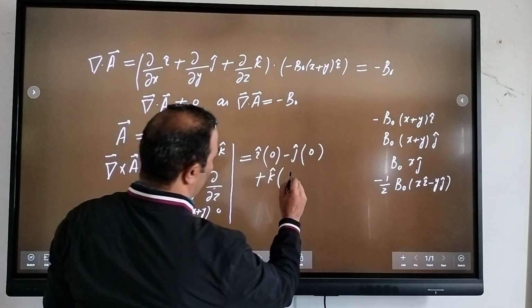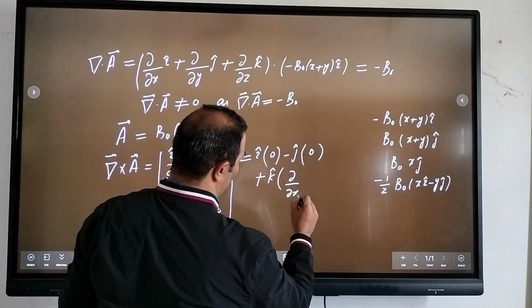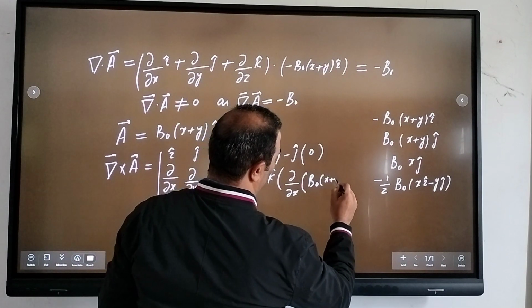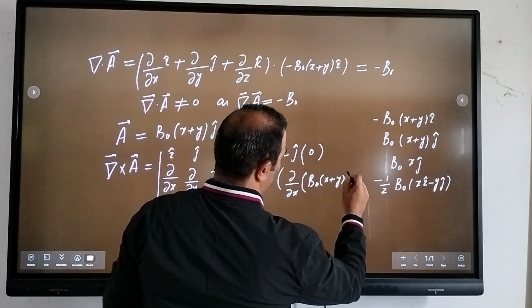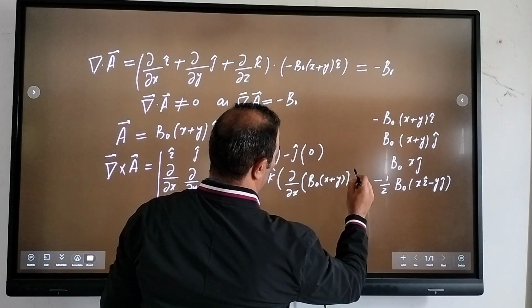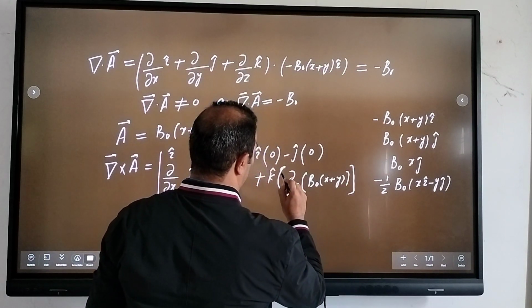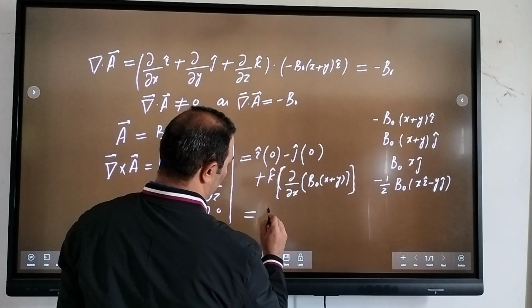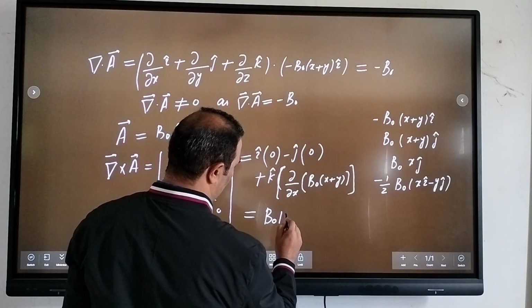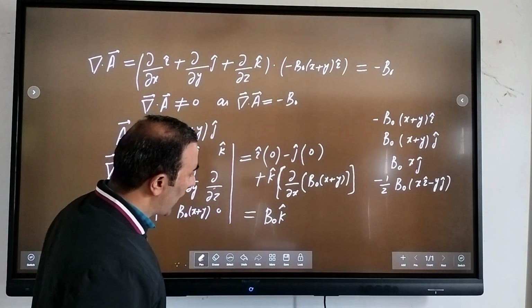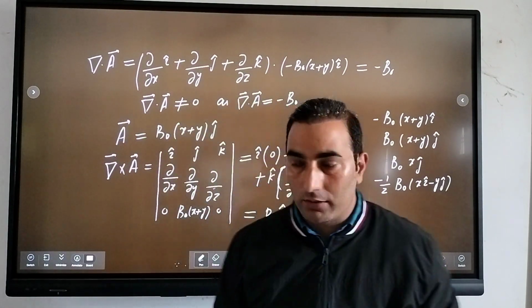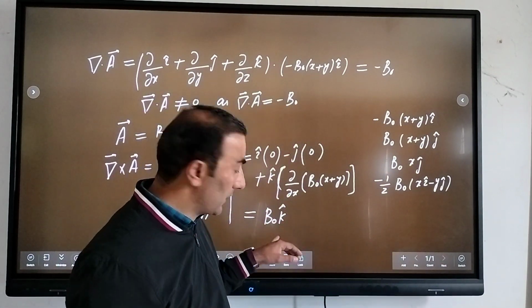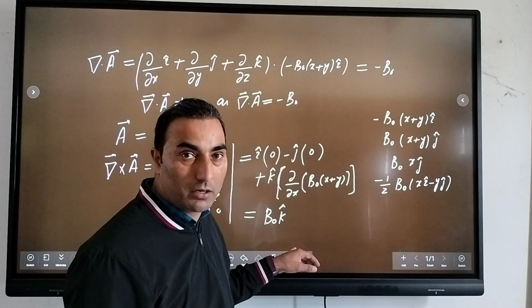So you have partial by partial x of B₀(x + y), okay? So that's equal to B₀. So the first condition is satisfied. That means this is the magnetic field that we get here, B equal to B₀ k cap, right?